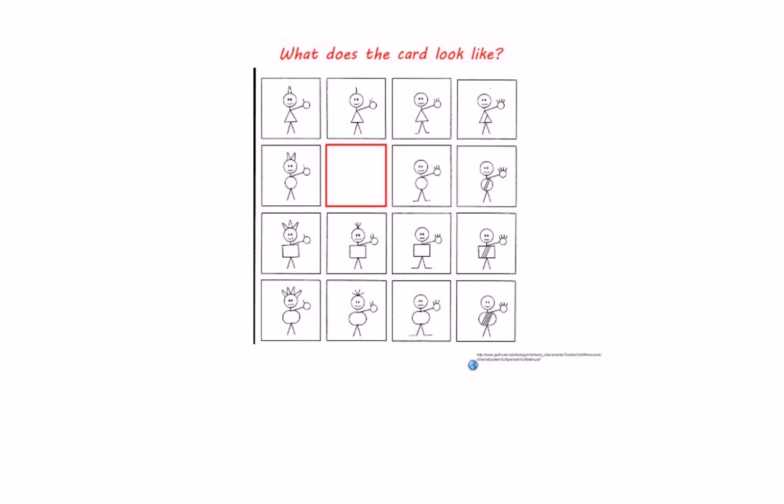Instead of trying to find the card, maybe you could take an index card and draw that alien. Pause the video and make a prediction of what you think that card would look like. Go ahead and do that.